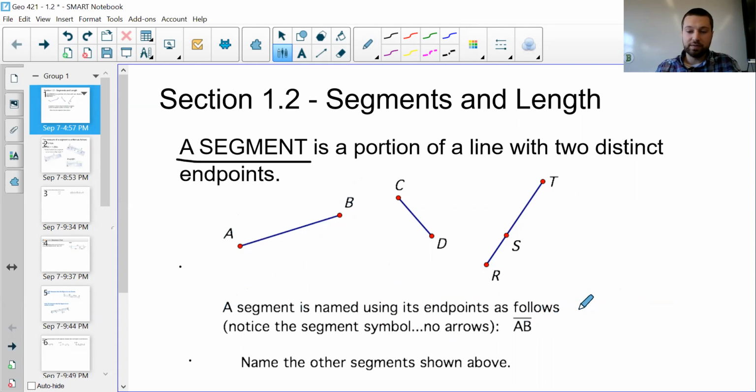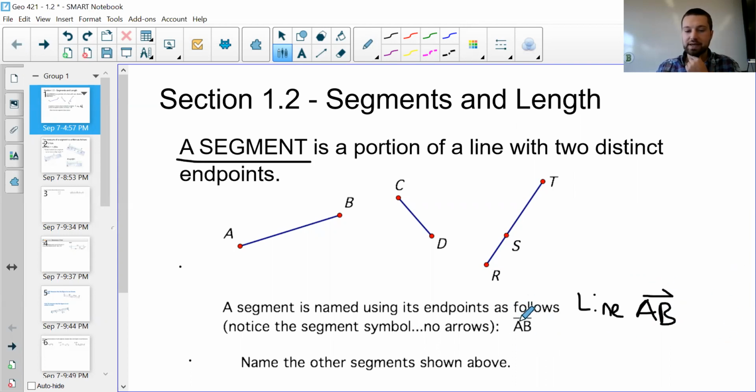Now look at the line above it. It does not have an arrow. So if we had a line and we wanted to name a line AB, it would be line AB, and then we'd put an arrow above it. That's how a line would look.